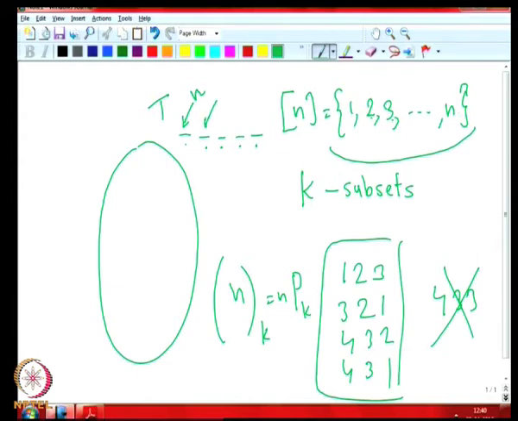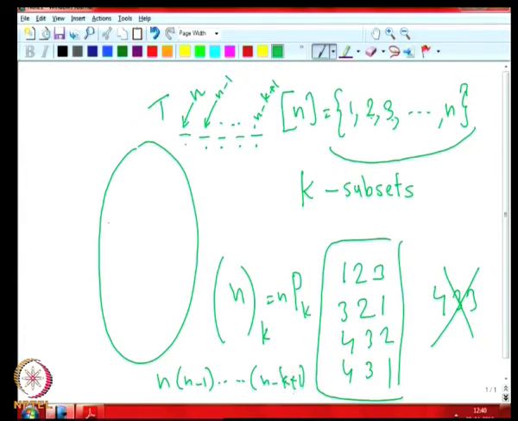And for this position, once you have used a member, we have only n minus 1 available things, and like that by the time you reach here we have only n minus k plus 1 available things. So, we have seen that n P k is equal to n into n minus 1 into up to n minus k plus 1.